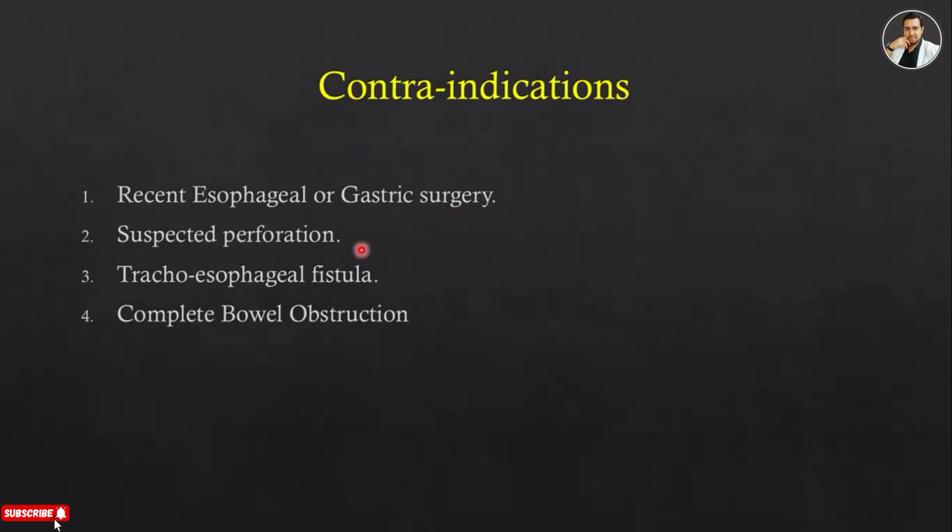That means if there is suspected leakage in the esophagus, that will be a contraindication. And then tracheoesophageal fistula. If there is a connection between the trachea and the esophagus, this is a contraindication. And if the patient has complete bowel obstruction, it is a contraindication for barium swallow study.